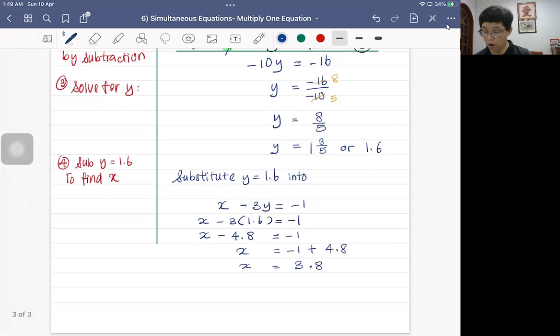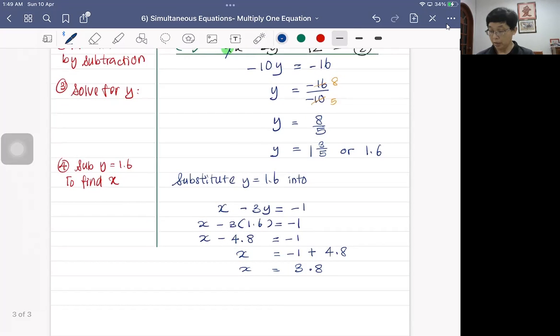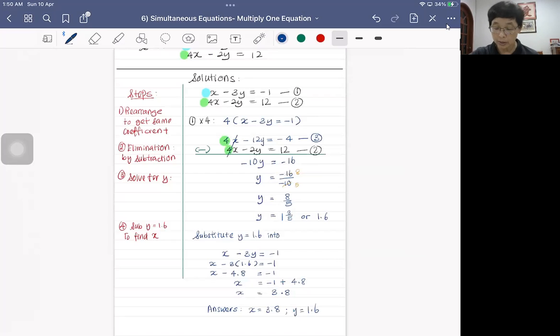So you have got both of the unknowns. And then I always wanted to be kind to the examiner, and I will always encourage students to write a brief conclusion. Your x is 3.8, and then your y is 1.6. Okay, there you go. You have done successfully. Again, if you want to test it out, you can substitute these two values.